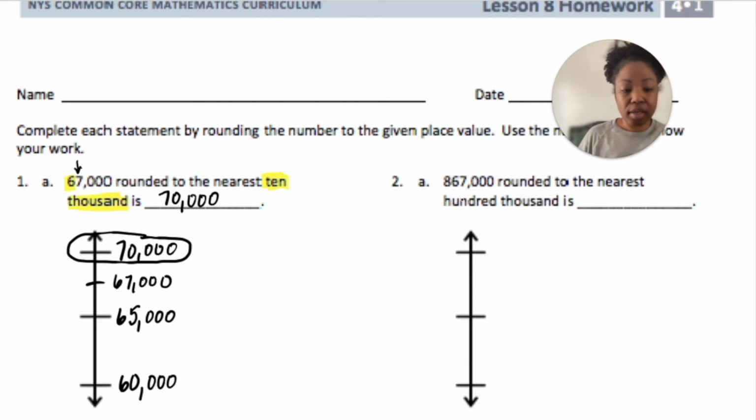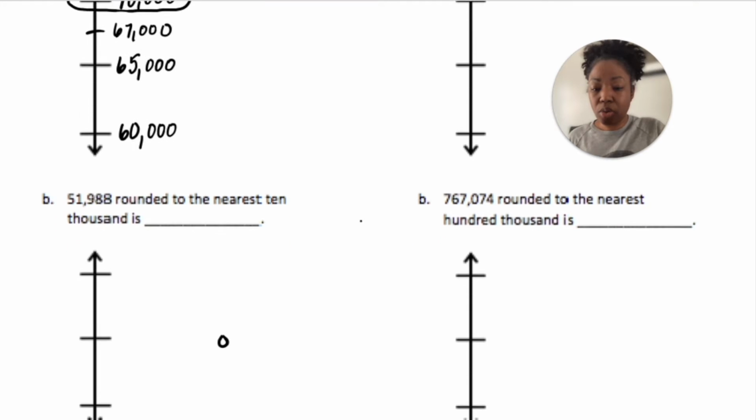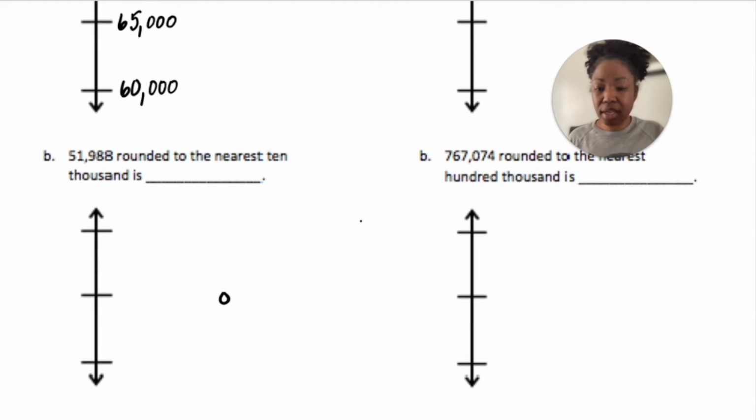For the next one, B, we're rounding to the nearest 10,000 again. We have 5 10,000s. So that's the bottom number, or 50,000.